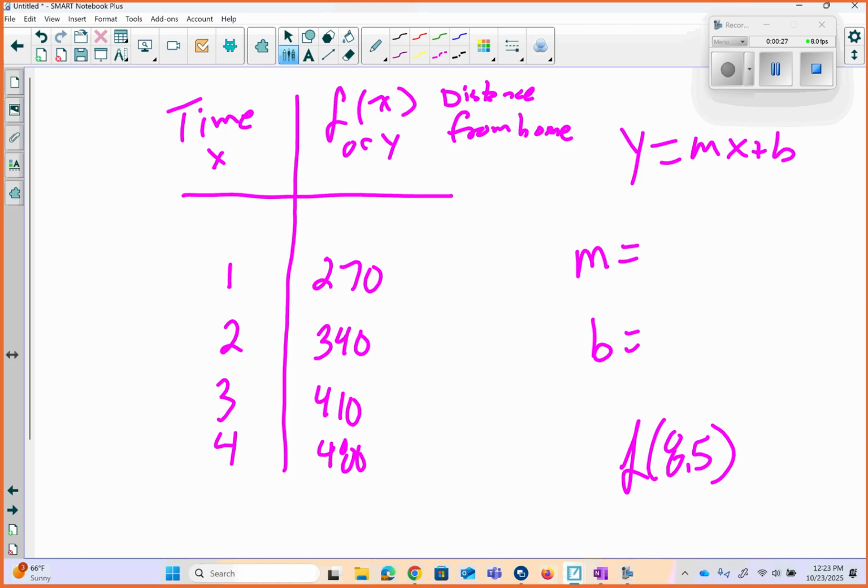You're absolutely right. In order for us to find the y-intercept, we have to have 0 right there. And 0 is not right there yet.